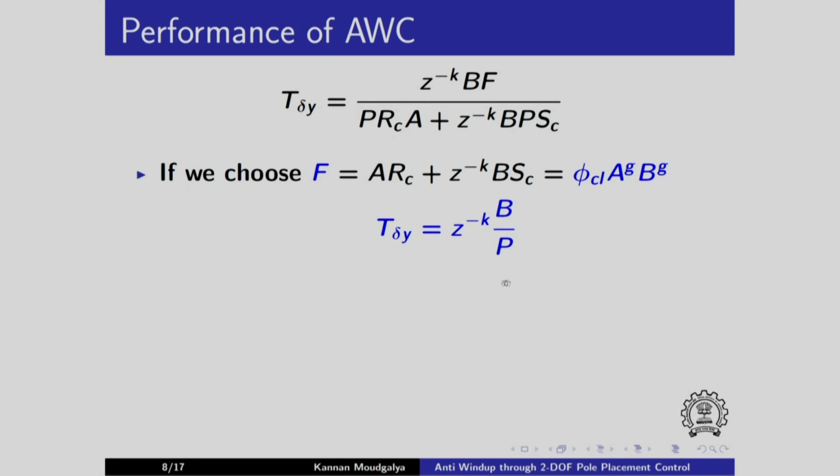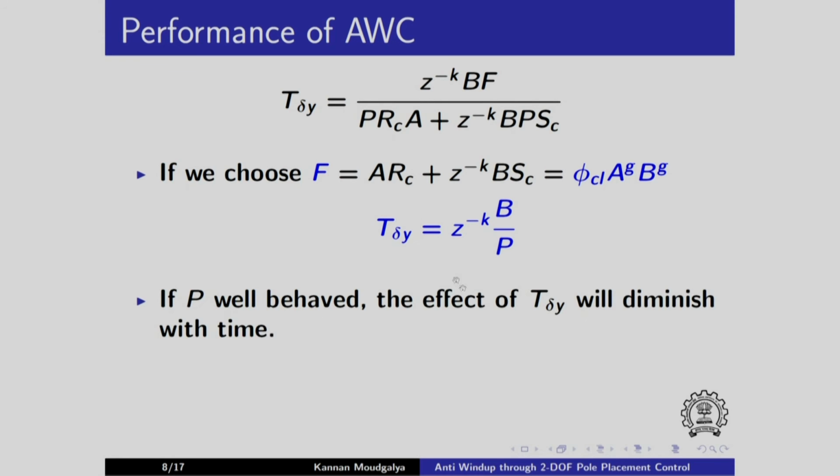So this is the expression for the transfer function between delta and y, and we want T to be well behaved, and that will happen if p is well behaved. So if p is well behaved, the effect of delta on y will diminish with time.